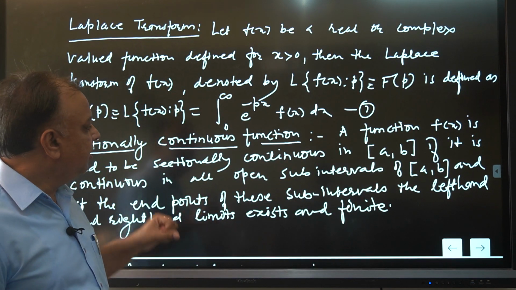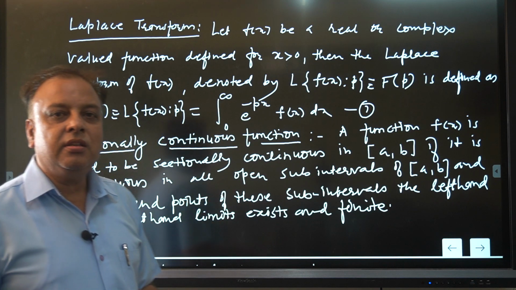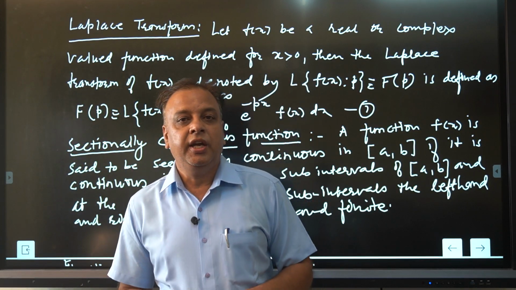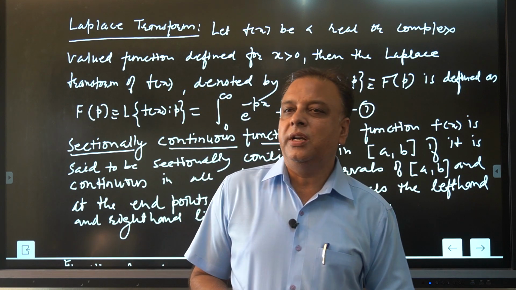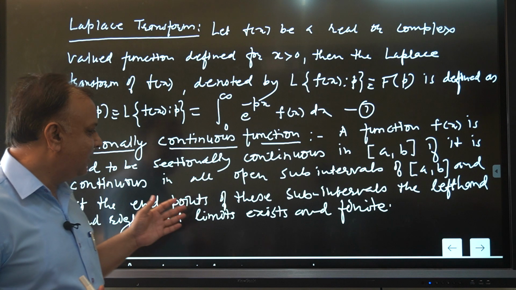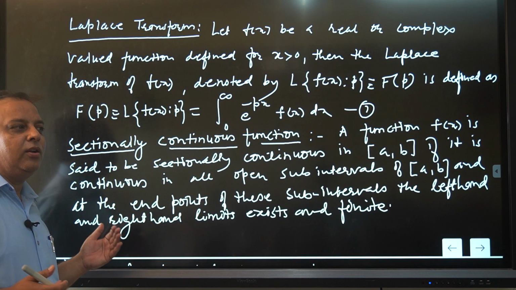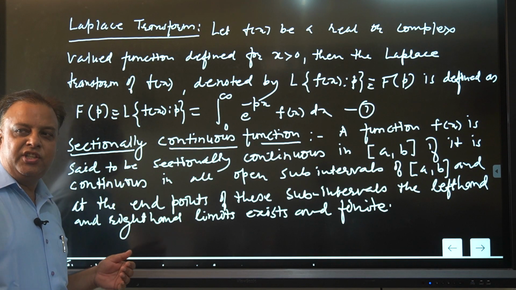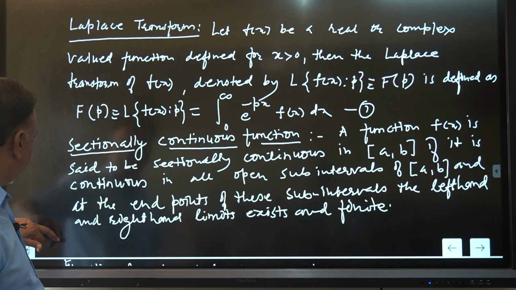So a function is known as sectionally continuous if it is continuous at all the open subintervals of that closed interval, and at the endpoints the left-hand limit or the right-hand limit exists and is finite.